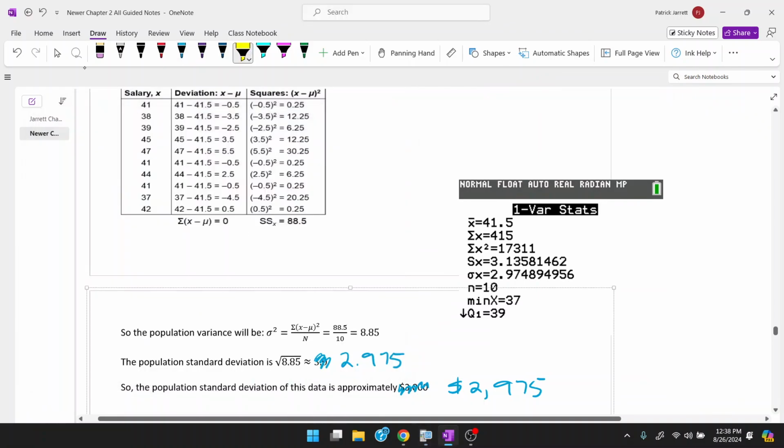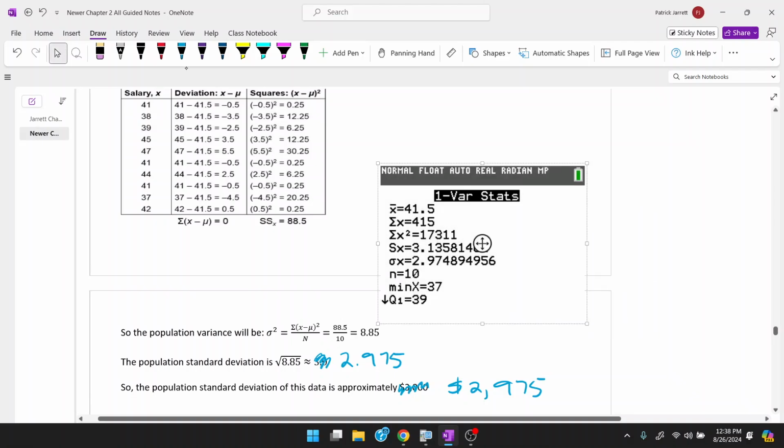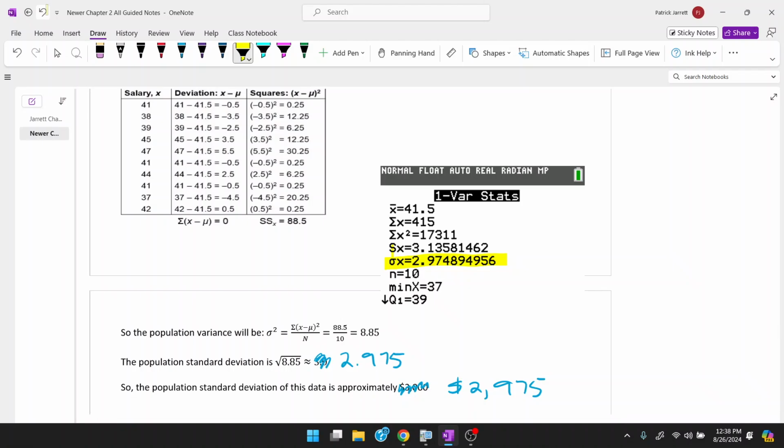If you notice, there is a sigma x. Oh, no, that's Sx. Sigma x. That is the population standard deviation. Now, here's the next question. What if I wanted to go from standard deviation to variance? What could I do then?